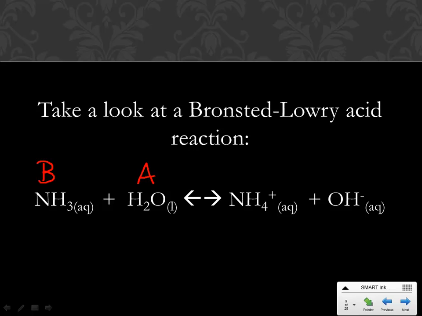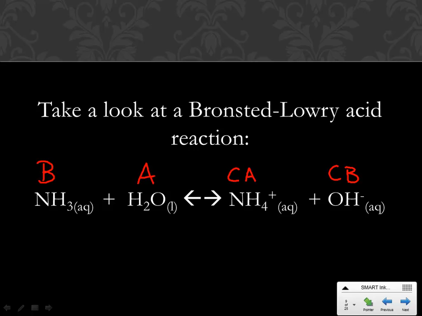Additionally, if you look at the product side and consider the reverse reaction, the NH4+ will behave as the acid as it has the proton to give up, so we'll actually call that the conjugate acid. And the OH- will behave as a base because a proton would solve its need for molecular neutrality. So we'll call that the conjugate base. This makes these two compounds into the conjugate acid and the conjugate base respectively.